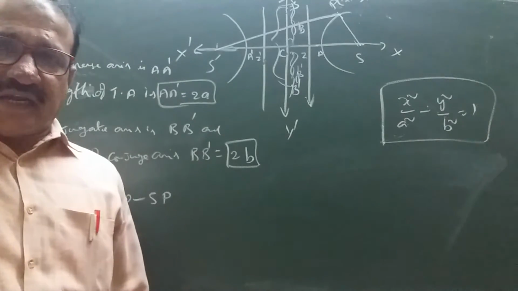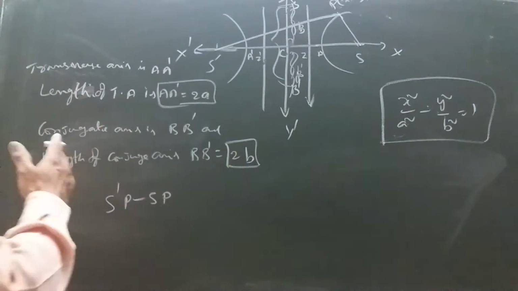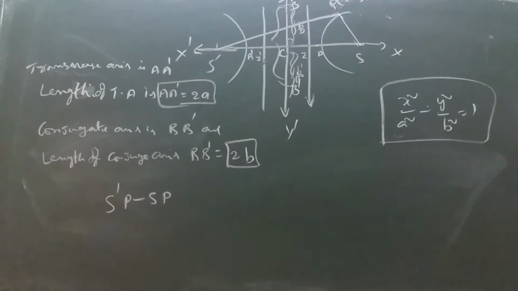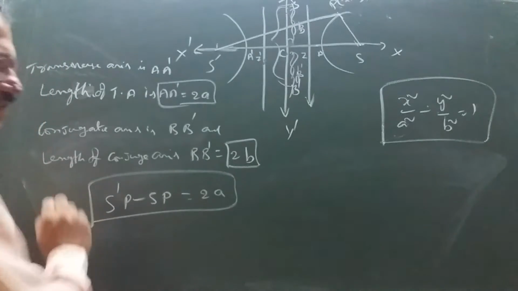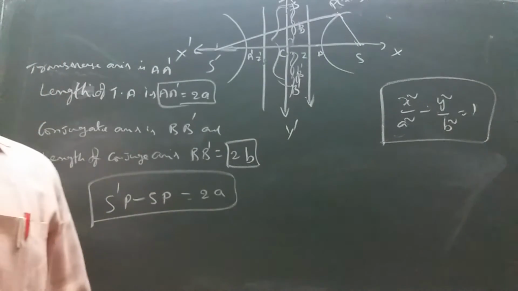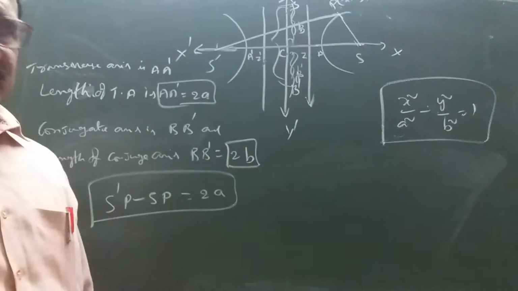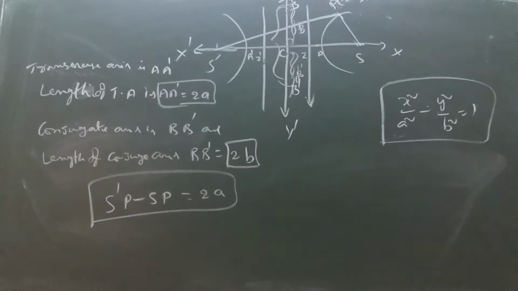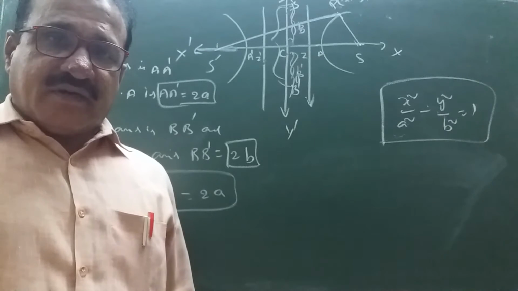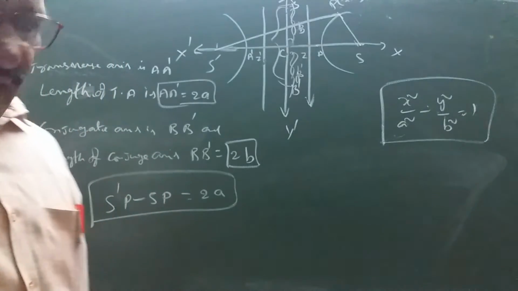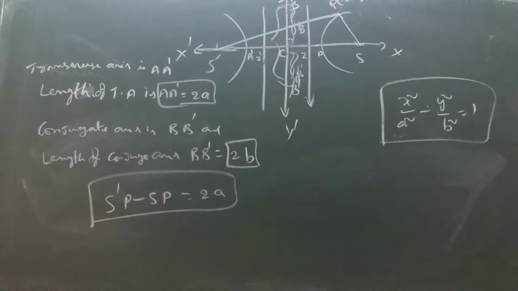That means the mod of S dash P minus SP is equal to 2a. The simple proof is there, but I don't want to prove it. You have to remember this, which is an important point. It will come in your MCET exams also. S dash P minus SP is equal to 2a.